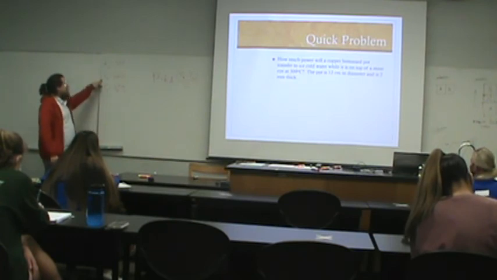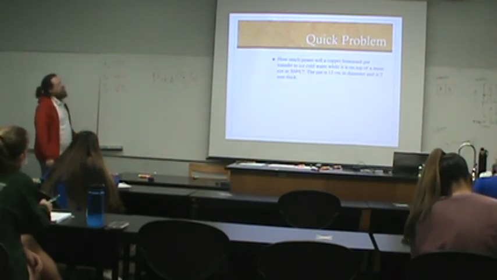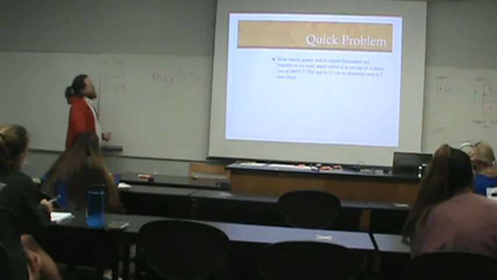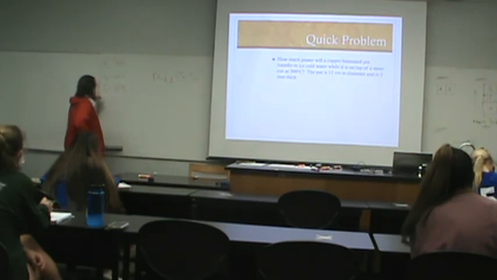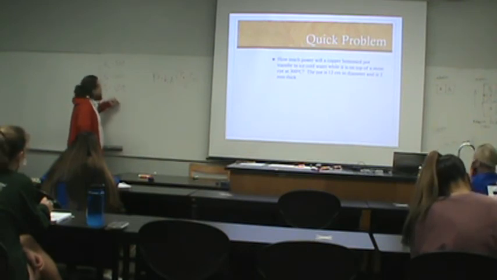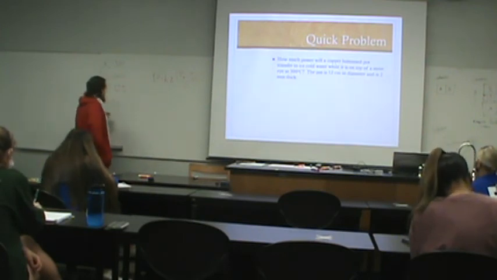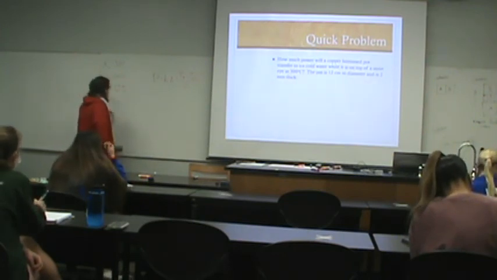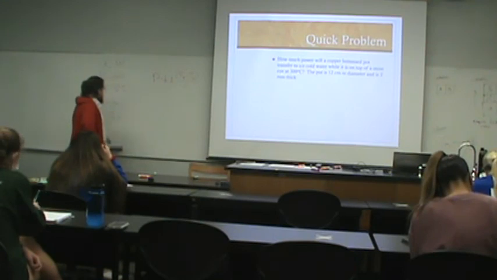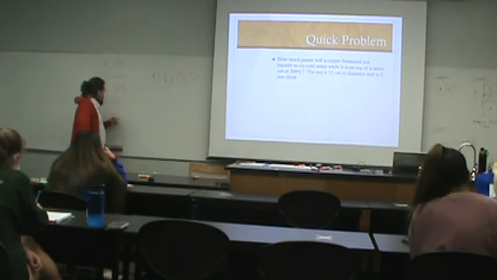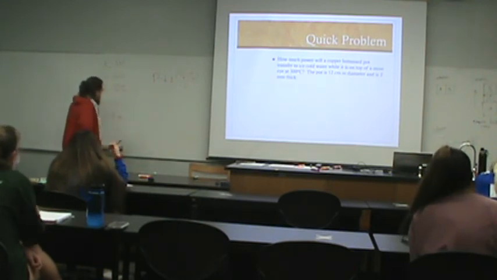So this is going to inform our temperature differential, and we are then told the physical parameters of the pot. Diameter is listed as 12 centimeters, and its thickness, which is really L, the length in question, is 2 millimeters.